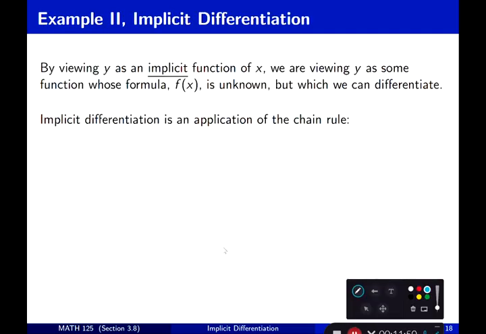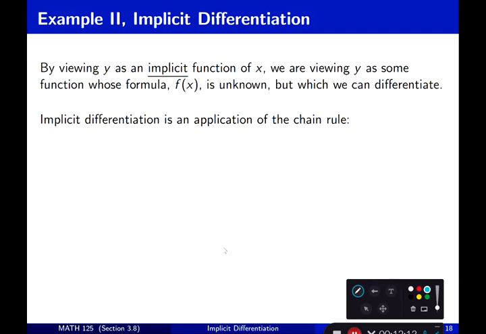Example 2, implicit differentiation. By viewing y as an implicit function of x, we're viewing y as a function whose formula f of x is unknown, but which we can differentiate. Implicit differentiation, again, is an application of the chain rule.